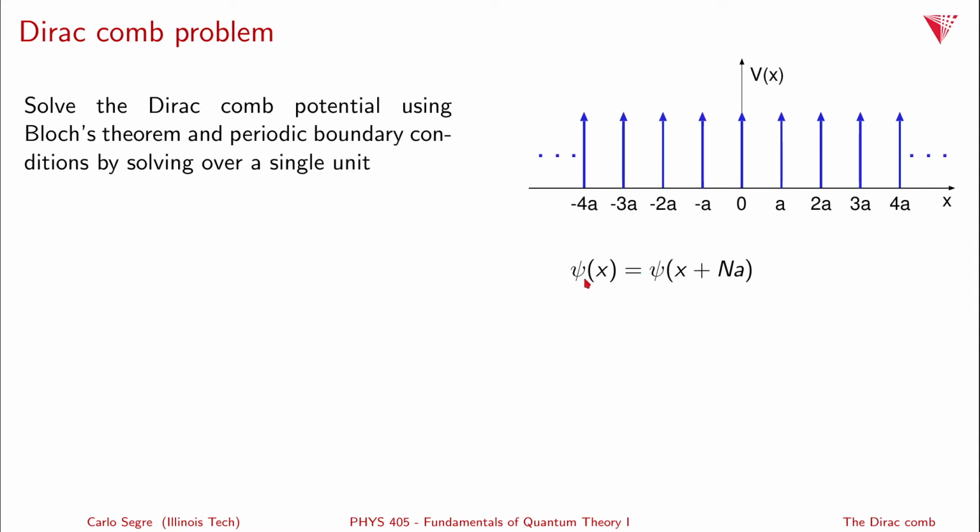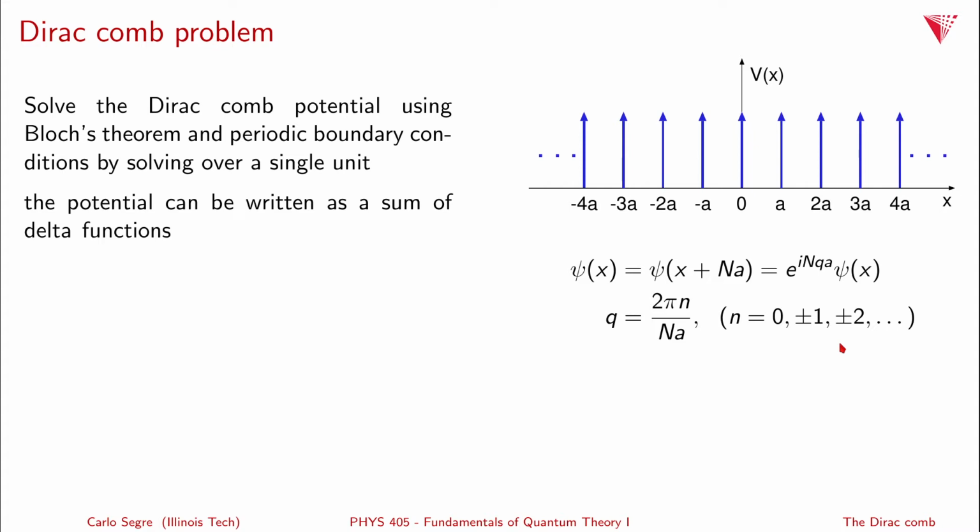So our boundary conditions are periodic, that is psi of x is equal to psi of x plus Na. That's e to the i N q a times psi of x. That's the periodic boundary condition. That implies quantization of q, as we showed just before, 2 pi lowercase n over capital N a, where lowercase n is 0, plus or minus 1, plus or minus 2, and so on.